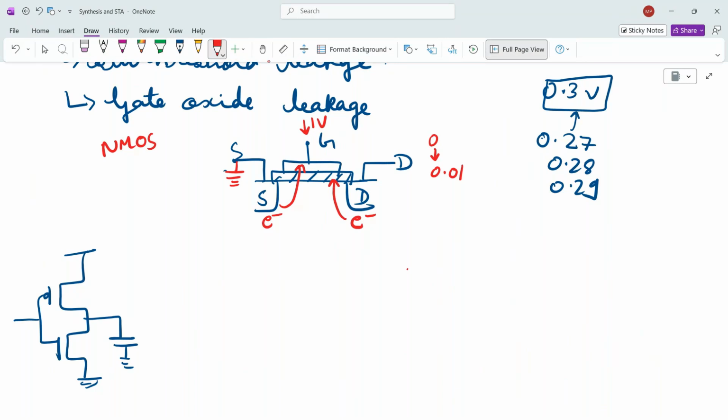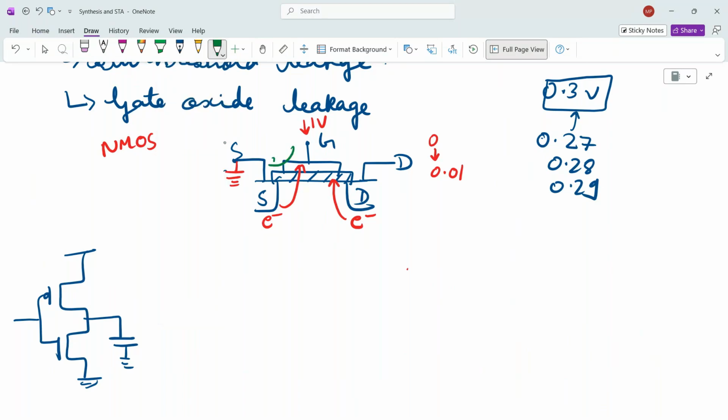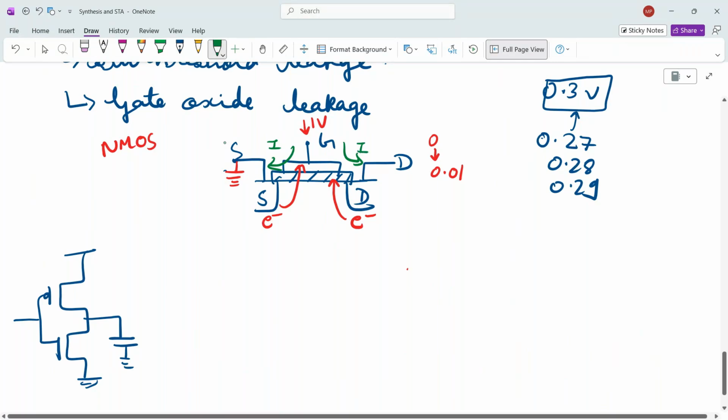When they get attracted, current will be flowing from gate to source and gate to drain, for a nanosecond time period, till VD achieves, for example, 0.8 volt. When VD is still around 0 and increasing, at that instance these electrons get attracted towards the gate, and leakage current will flow from gate to source and gate to drain. These are called gate oxide leakage currents.